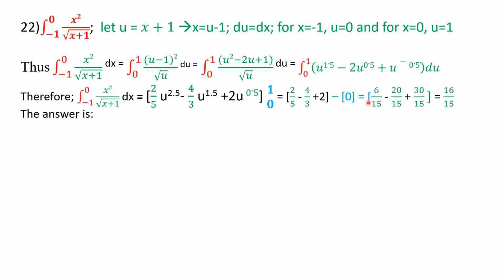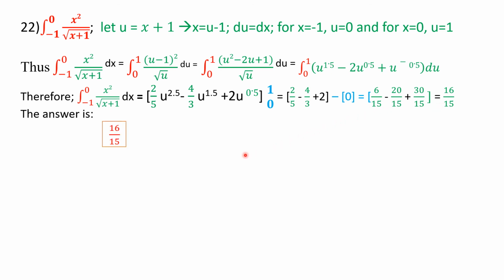That's going to give us the right-hand side. 2 divided by 5 is the same as 6 divided by 15, and 4 divided by 3 is the same as 20 divided by 15, and 2 is the same as 30 divided by 15. Now we have a common denominator. We can add the values to figure out the answer. When we do so, the answer will be 16 divided by 15, and that's the correct answer.